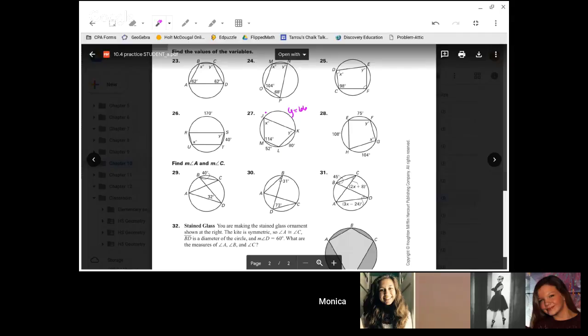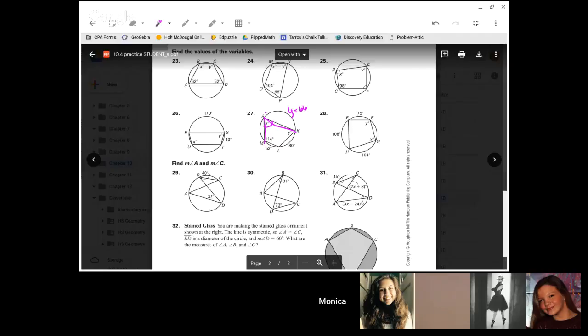So now if we look at x, x is this angle here, and it forms this big arc here, MLK, which is 52 plus 80, right? That's what the arc measure is. So 52 plus 80 is 132 degrees.